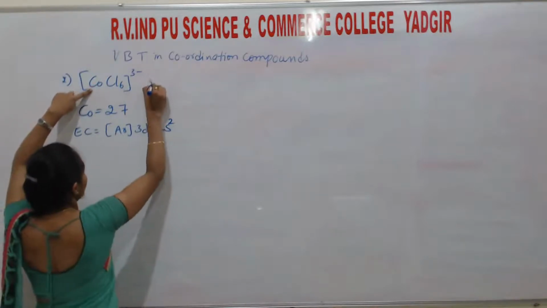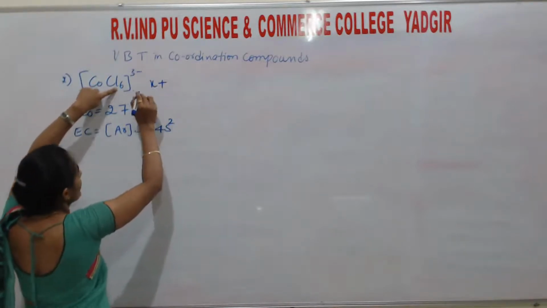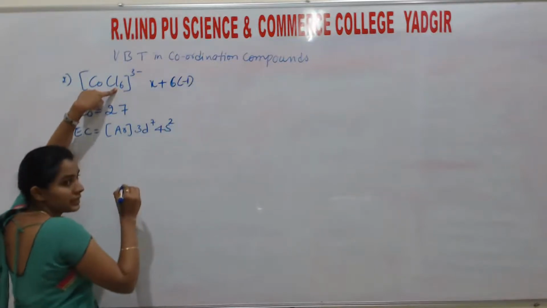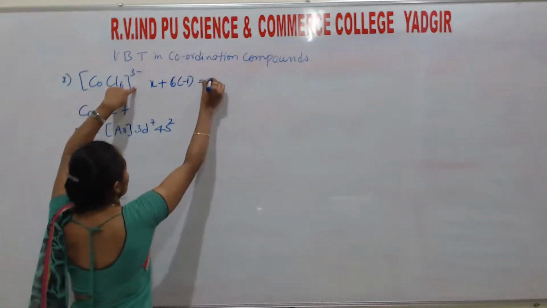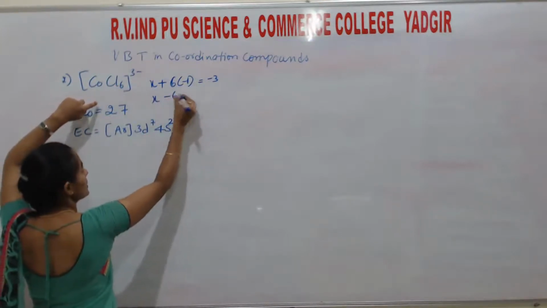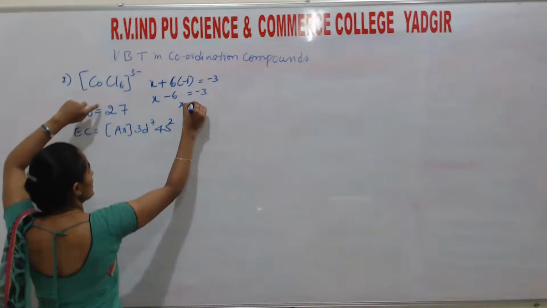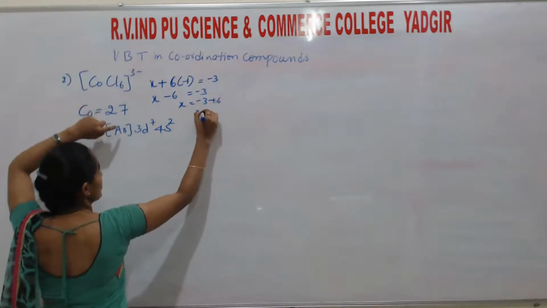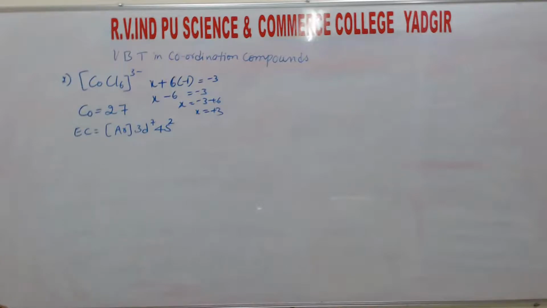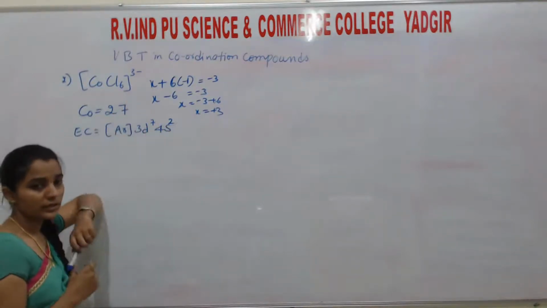Next, here it is in the plus 3 oxidation state. How? Cobalt is X, we don't know. 6 into minus 1, because Cl is minus 1, that is equal to minus 3. X minus 6 is equal to minus 3. X is equal to minus 3 plus 6. So X is equal to plus 3. I already explained in the nomenclature how to calculate the oxidation state.